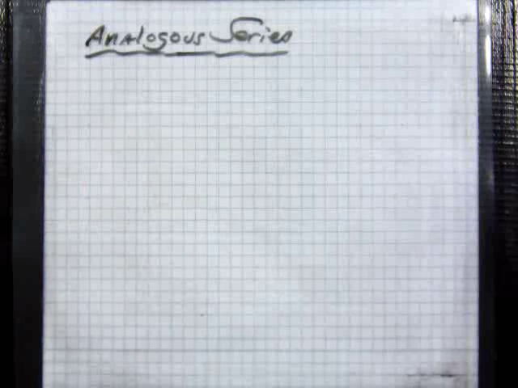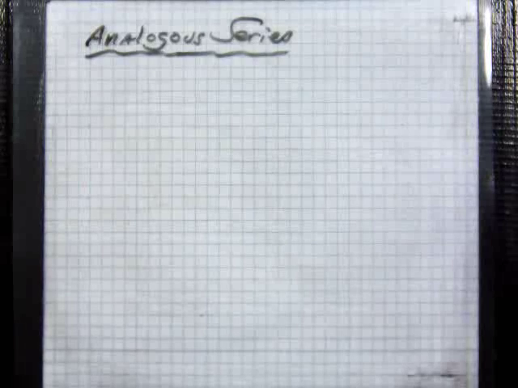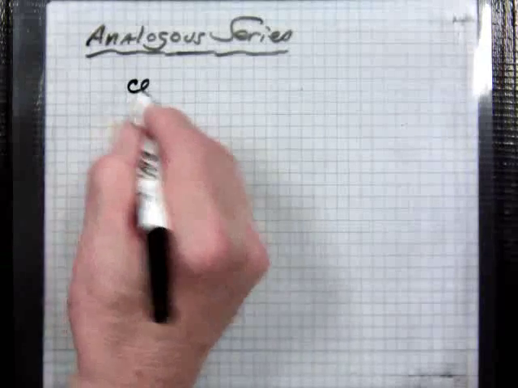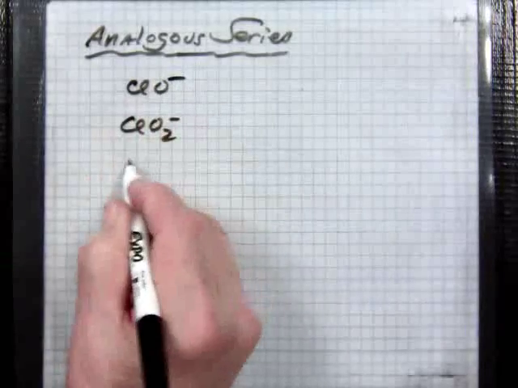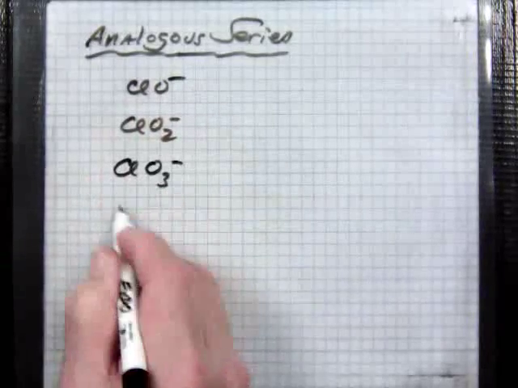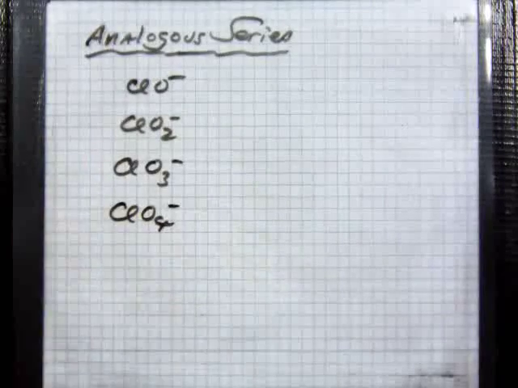When we're talking about analogous series, we're talking about a common element in a group of polyions. For example, in the halogens, there exists a ClO, ClO2, and all of them are the same oxidation state, minus, like that.